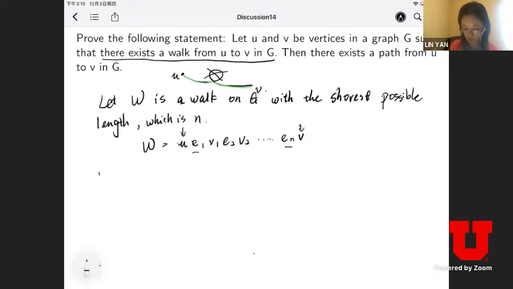Because this is the walk with the shortest possible length, I claim this walk is a path on G.